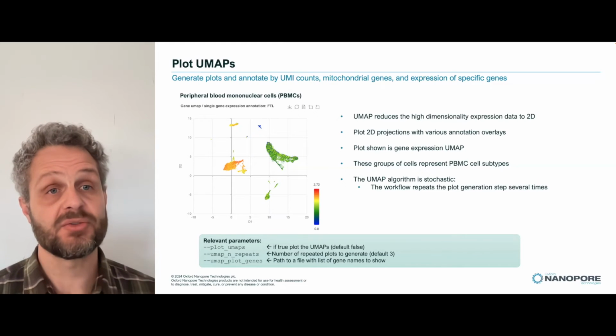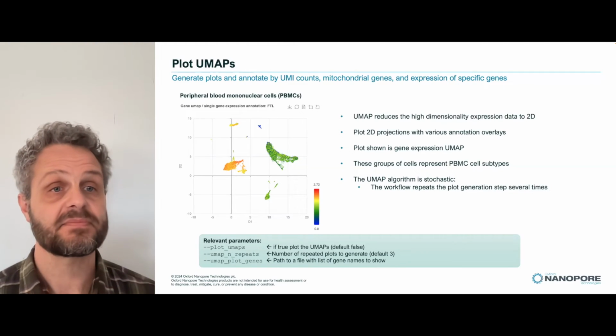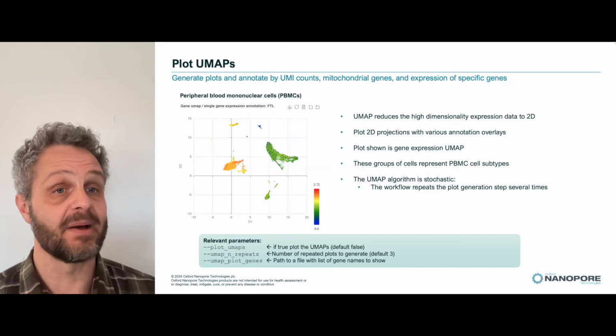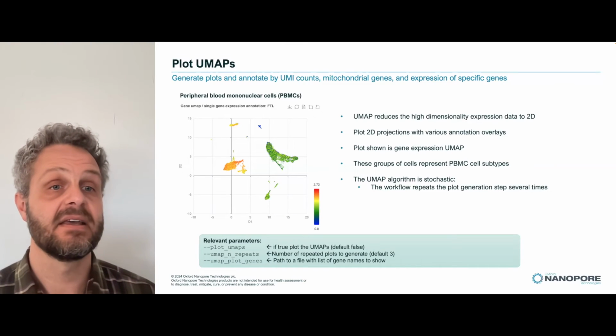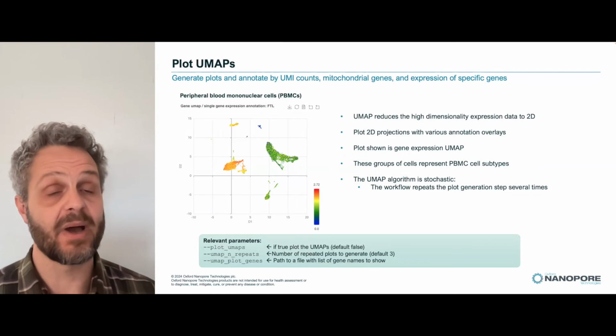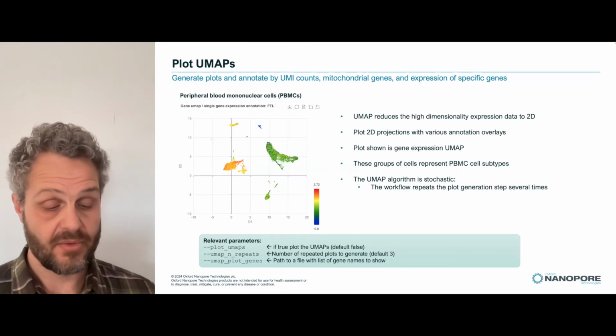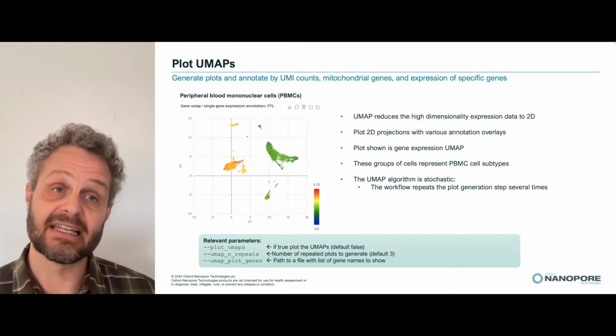If you want to run the UMAPs, you need to specify the plot UMAPs parameter. Plot UMAPs equals true in the command line, and you should know that the UMAP algorithm is stochastic, so running it multiple times with the same parameters can lead to different results.